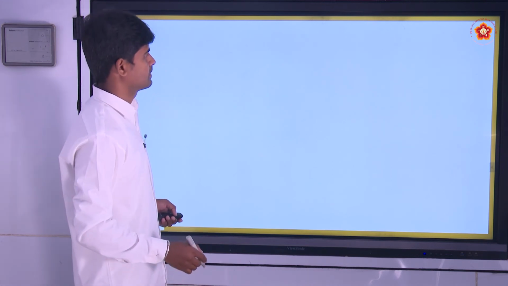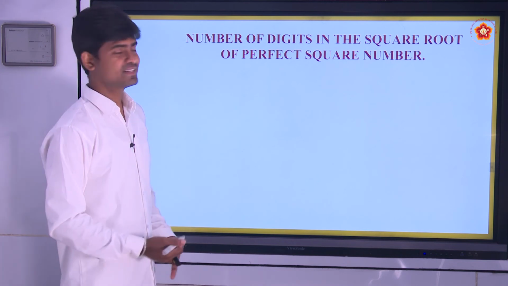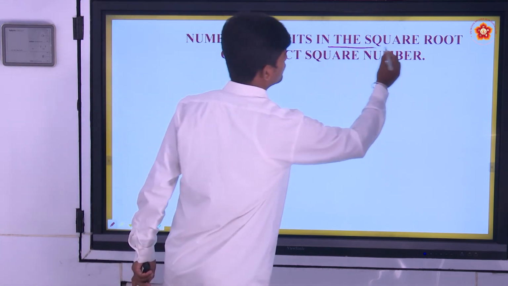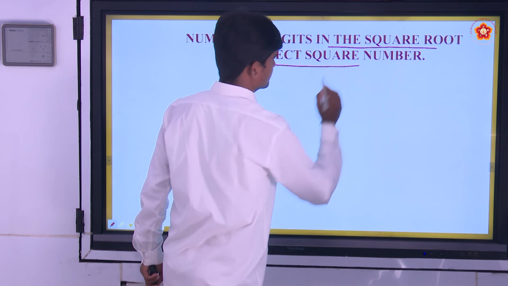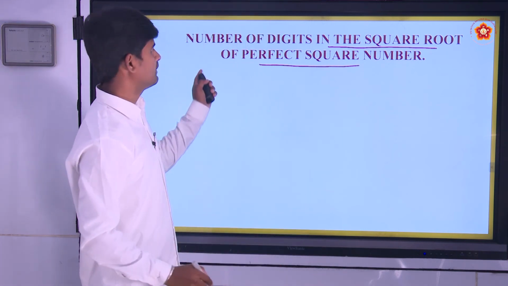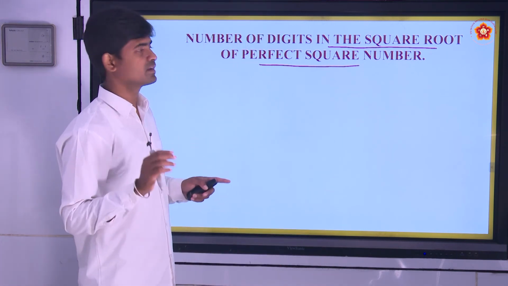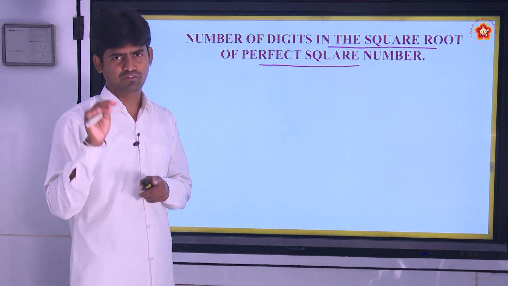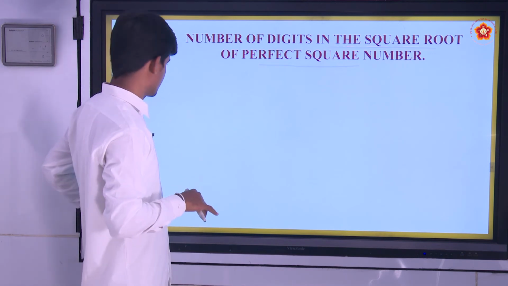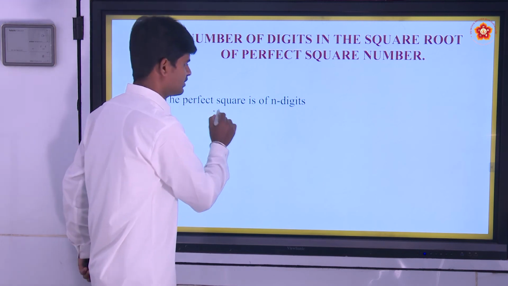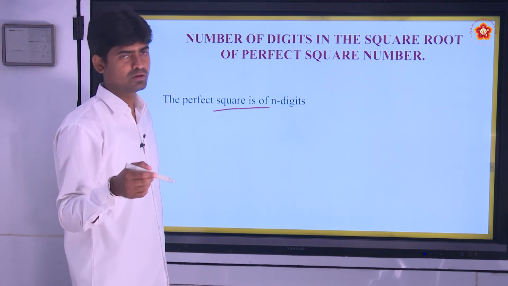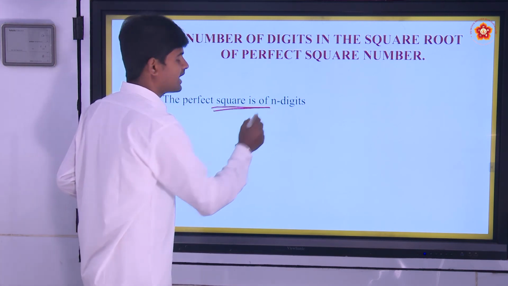Okay. Next, number of digits in the square root of a perfect square number. How many digits are there in the square root of a perfect square number? Suppose the perfect square has n digits. We don't know how many digits, it is n digits.